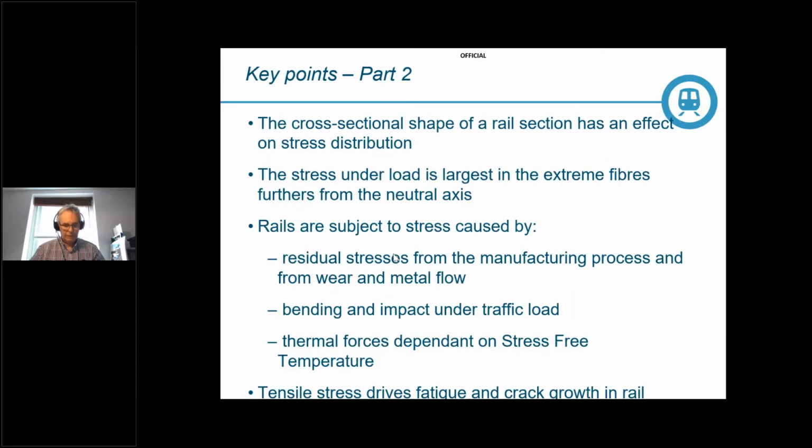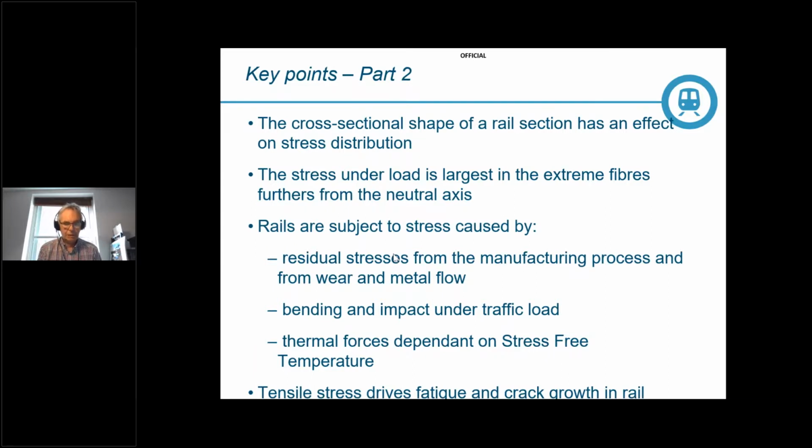So what are the key points then? Just to wind up this part of the talk. The cross-sectional shape of a rail section has an effect on the stress distribution. The stress under load is largest in the extreme fibres further from the neutral axis, and rails are subject to stress caused by residual stresses from the manufacturing process and from wear and metal flow.